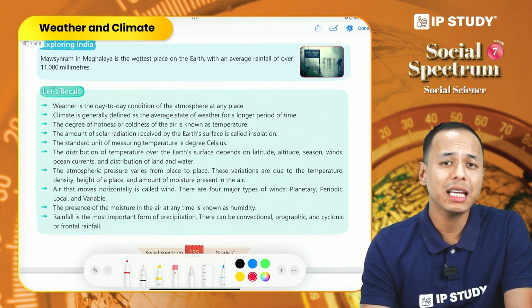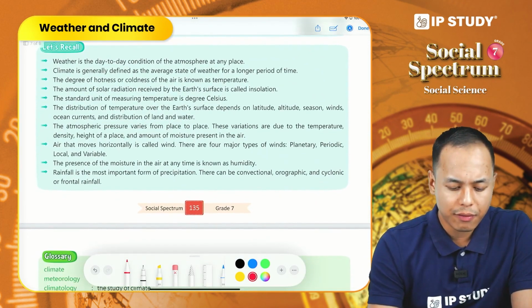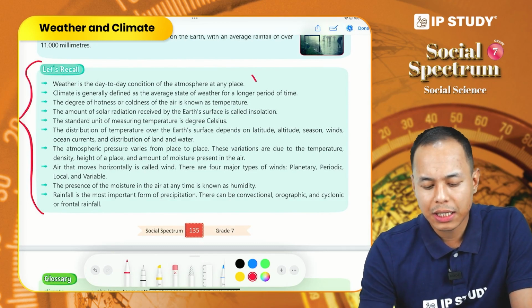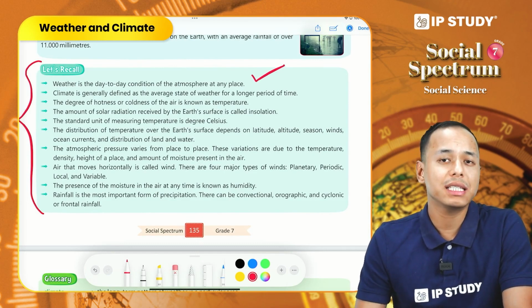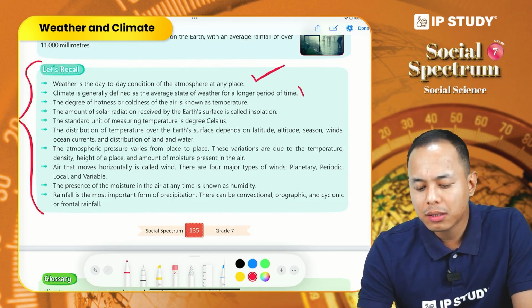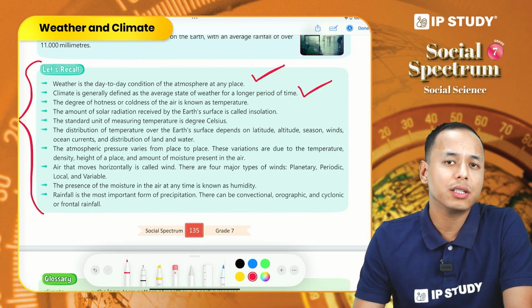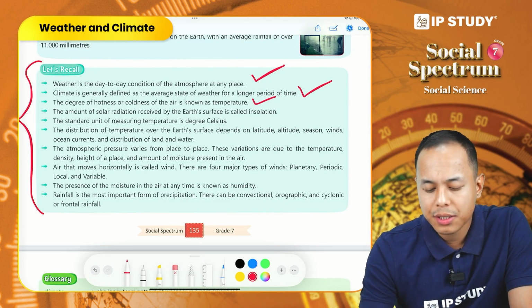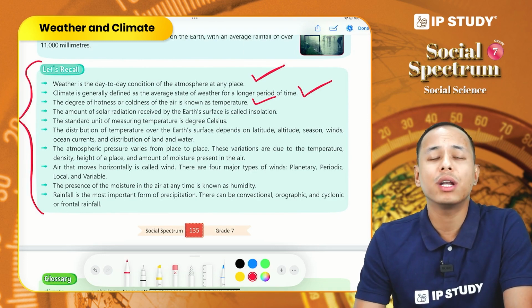Now let us see the important points that we have discussed in the chapter. Weather is the day-to-day condition of the atmosphere of a place at a particular time. Climate, on the other hand, is the average weather condition of a place for a long period of time. Temperature is the degree of hotness or coolness of the air.